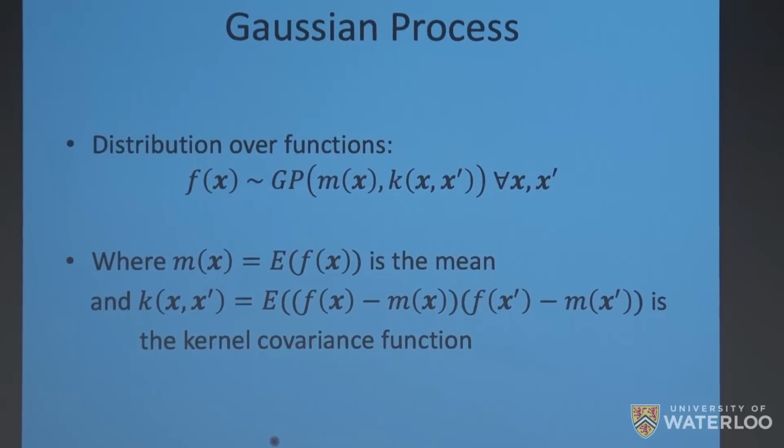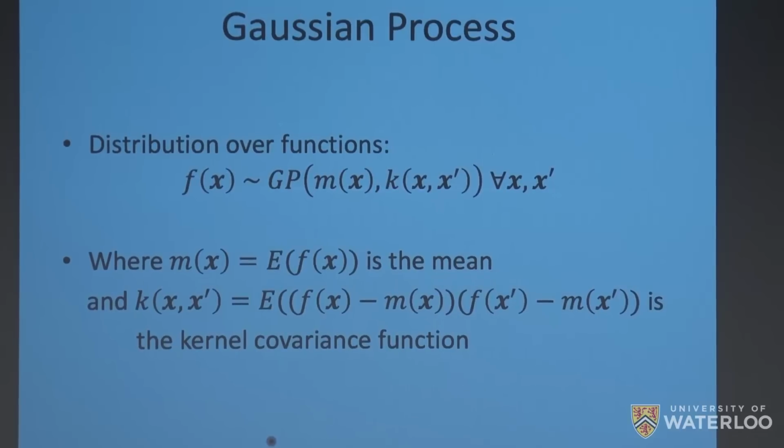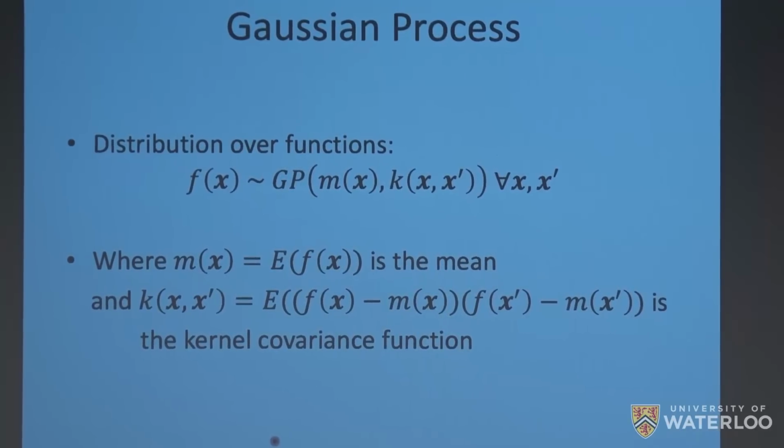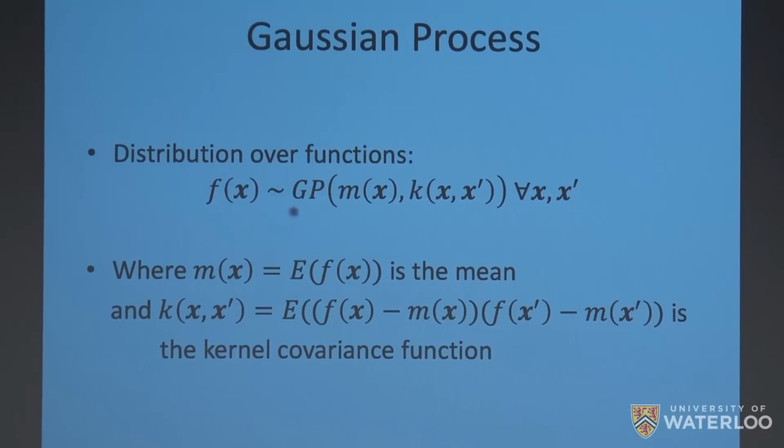Okay, so now how do we represent mathematically a Gaussian process? We do it in the same way as a regular Gaussian distribution, in the sense that I'm going to specify a mean and a covariance. But now, because I need to do this for an infinite number of dimensions, I can't just write down a vector.